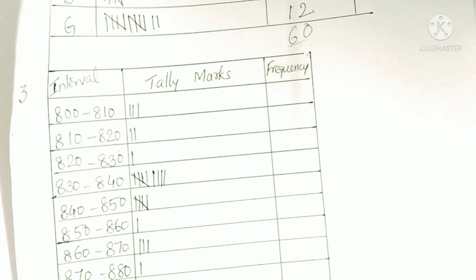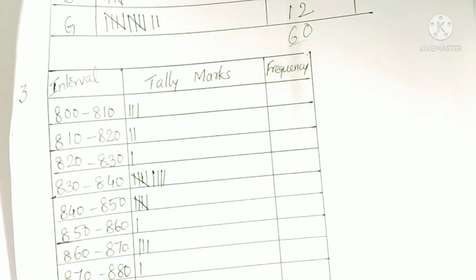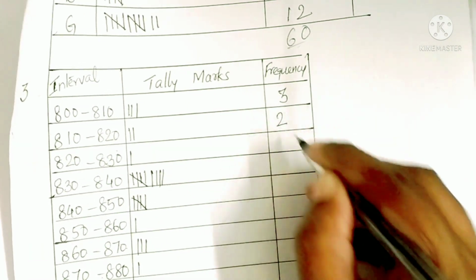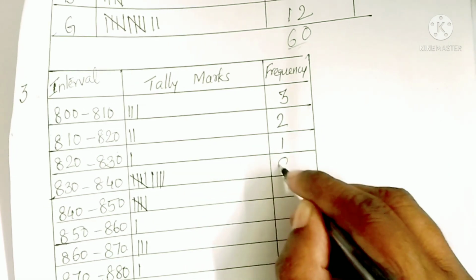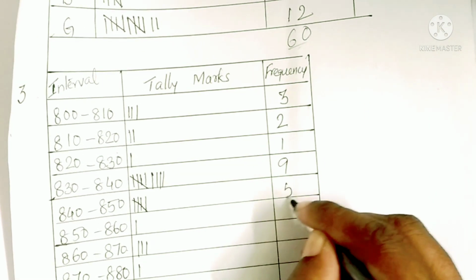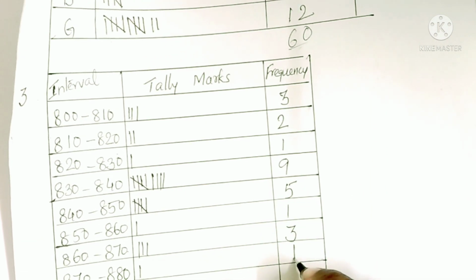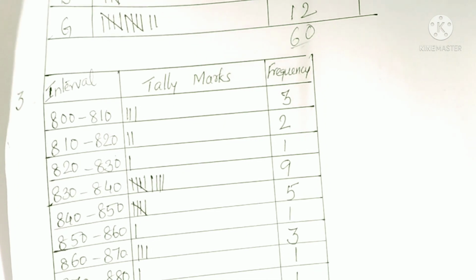Now what we have to do? We have to count the tally marking. We need to count and find out. Here the first one is 1, 2, 3. So here 3, next 2, then we have 1, and the next one 5 plus 4, 9, then we have 5, then 1, 3, 1, 1 and 4.